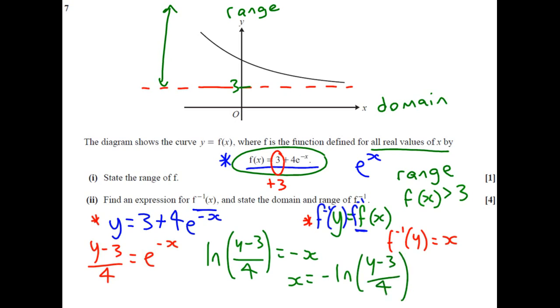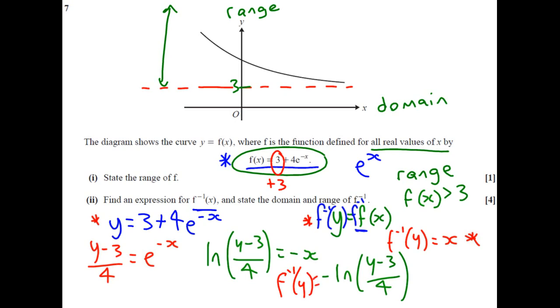Now you may have been taught, and I sometimes say, now you just swap y and x. That's a trick that works, but the reason why it works is because of what I rearranged here. x is f to minus 1 of y. When we find the inverse, f to minus 1 of y equals that.